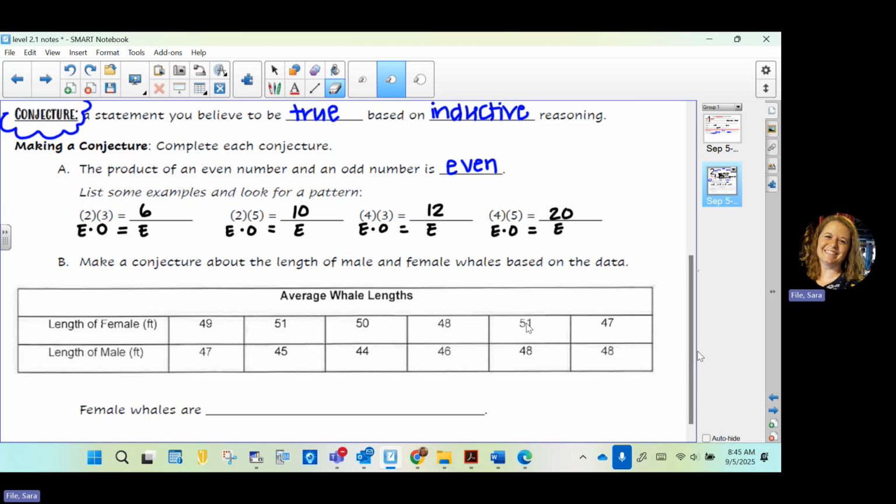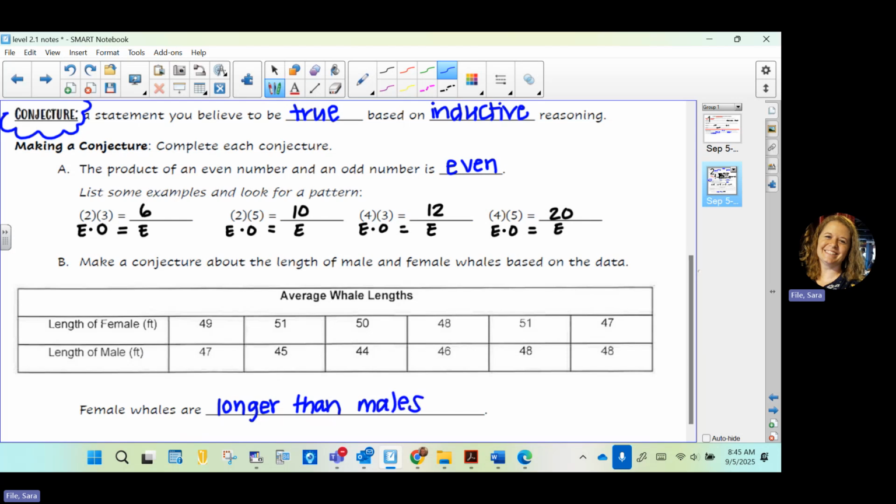Okay, so I can use that to make a conjecture, okay? I'm going to use what I know to be true based on this data to say that female whales are longer than males. Now, this is a general statement.